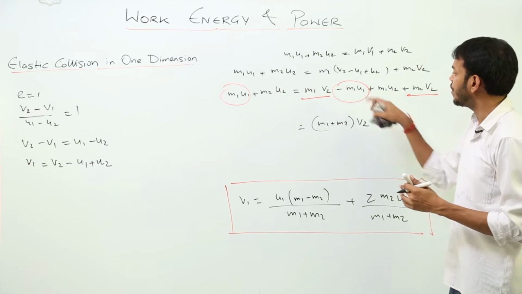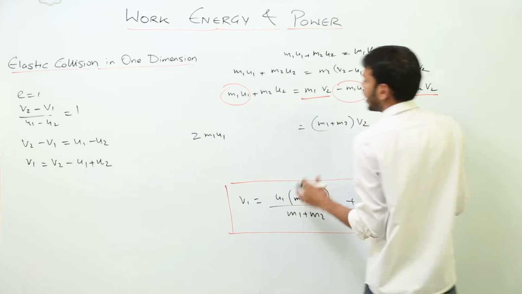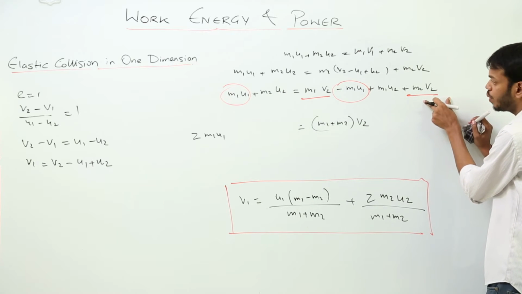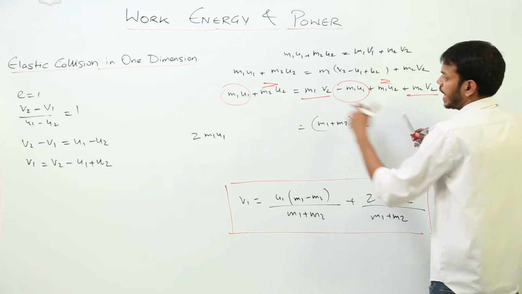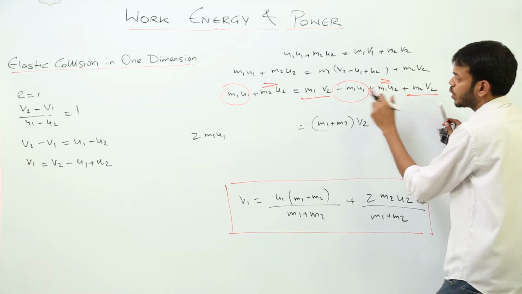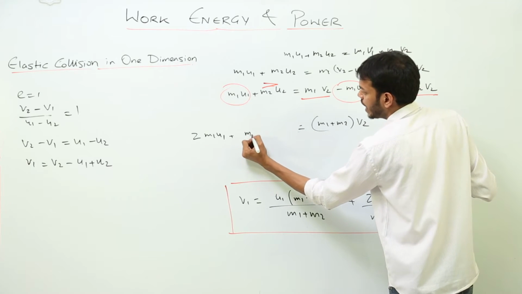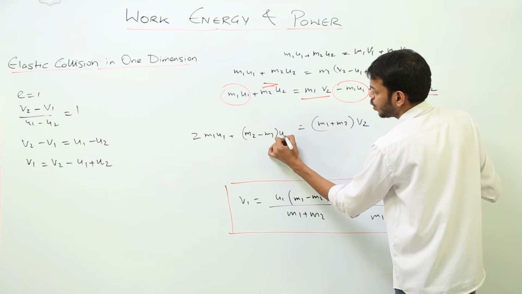So m1 u1 plus m1 u1 becomes twice m1 u1. And lastly, m2 u2 minus m1 u2, this thing and this thing. So if I take u2 common, I will be left with (m2 minus m1) multiplied by u2.